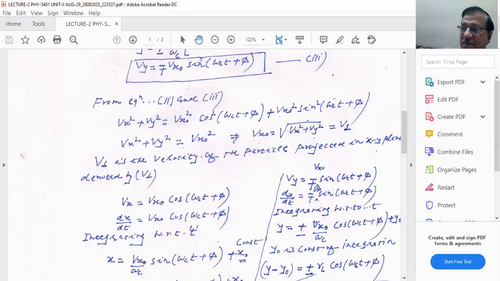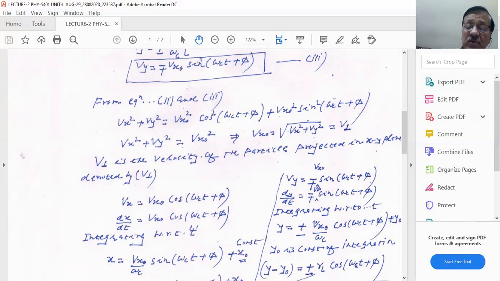x0 is basically the position of the particle at t equal to 0. The moment you project the particle at t equal to 0, its x coordinate is x0.